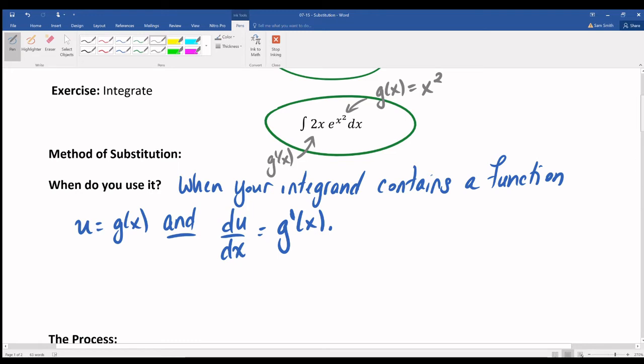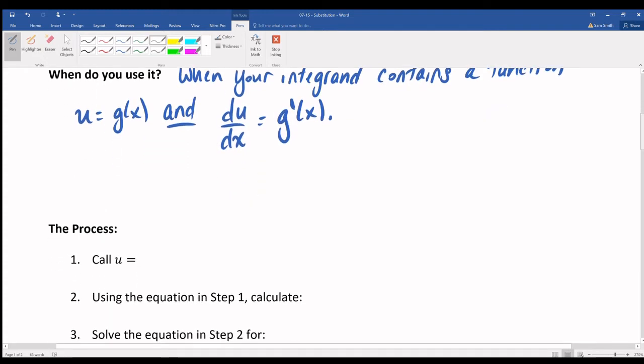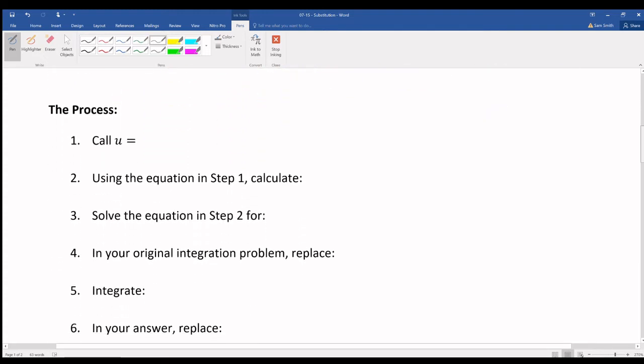Now here is the process by which we use method of substitution to integrate that function. We will nickname by u this function g of x that we have noticed, that g of x and g prime of x appear in our integrand. Now, using this equation in step 1, next step is to calculate du dx, the derivative of g of x.